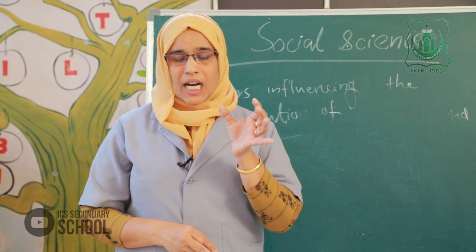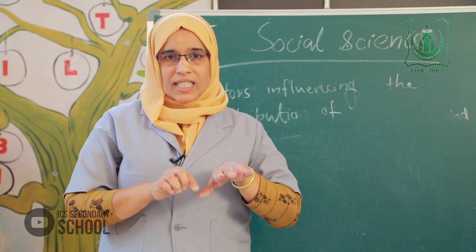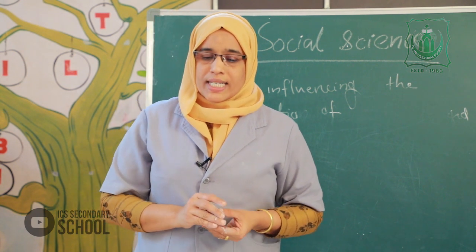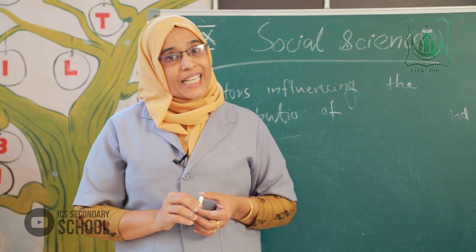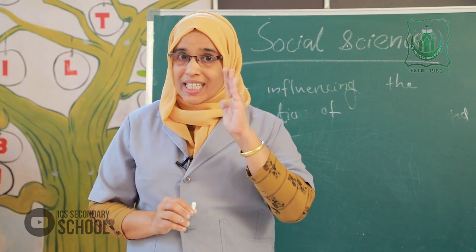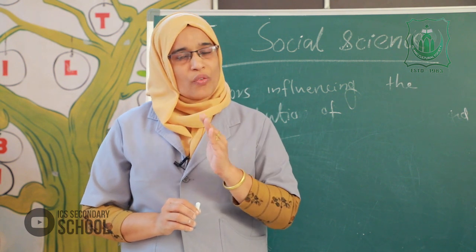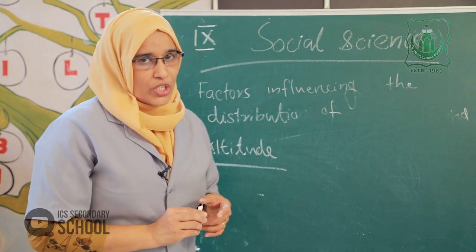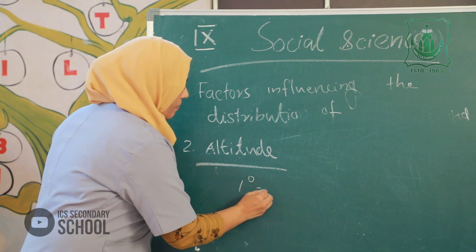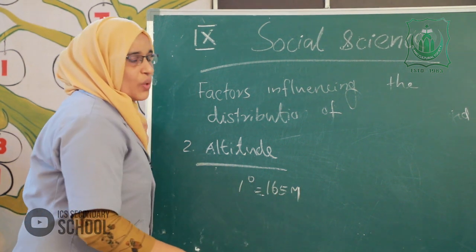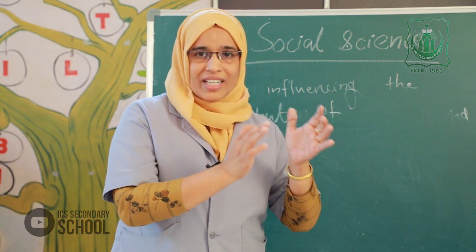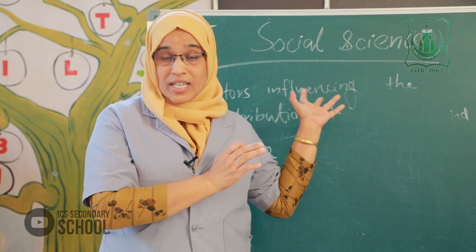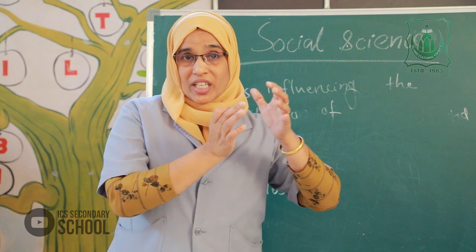The temperature in the troposphere decreases, not increases, with altitude from the earth's surface, at the rate of 1 degree Celsius per 165 meters.